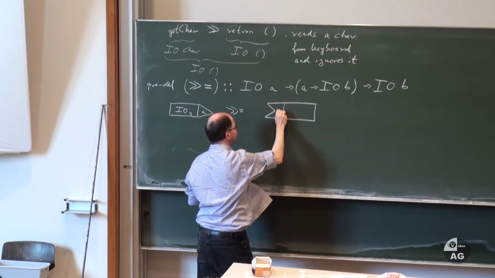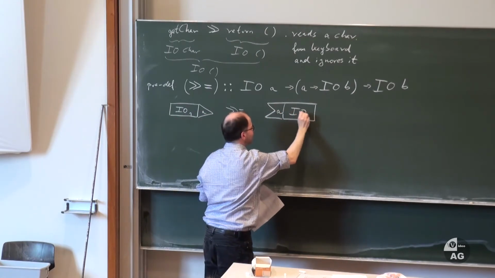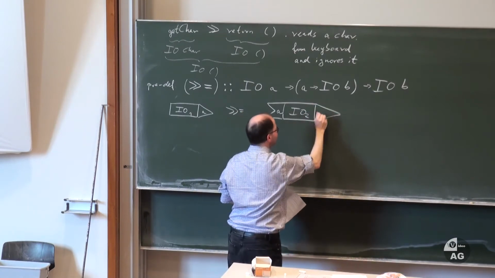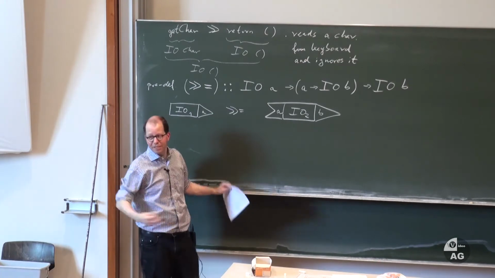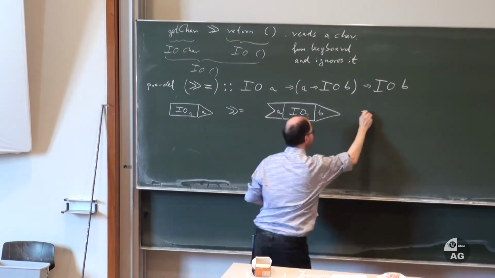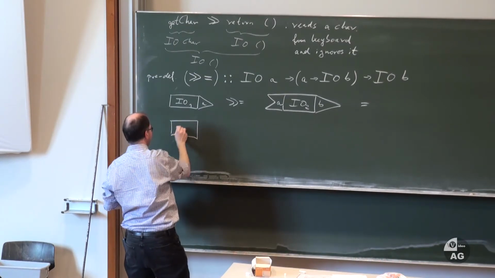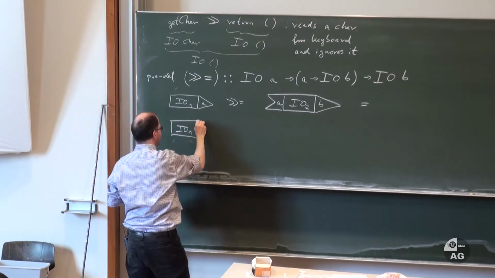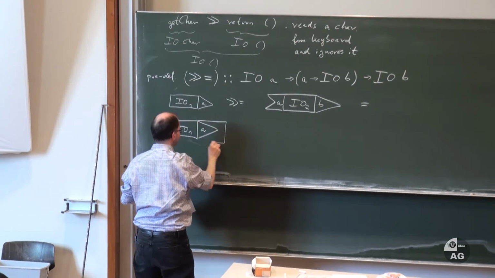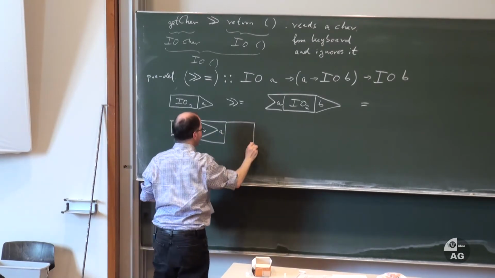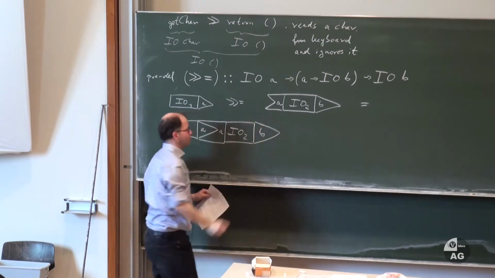It's a function that waits for a value of type A. Depending on this value, it does another action, IO 2, which determines a value of type B. And binding means I glue them together. So binding them together means I do the action 1, I determine a value of type A, and depending on this value, I do another action, and in this second action, I determine a value of type B.